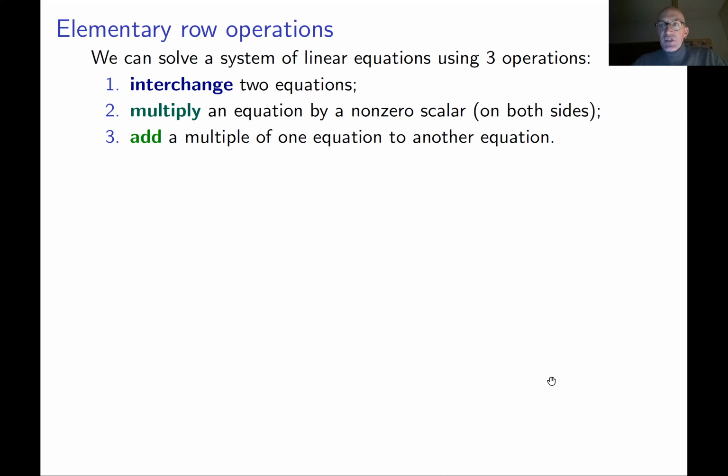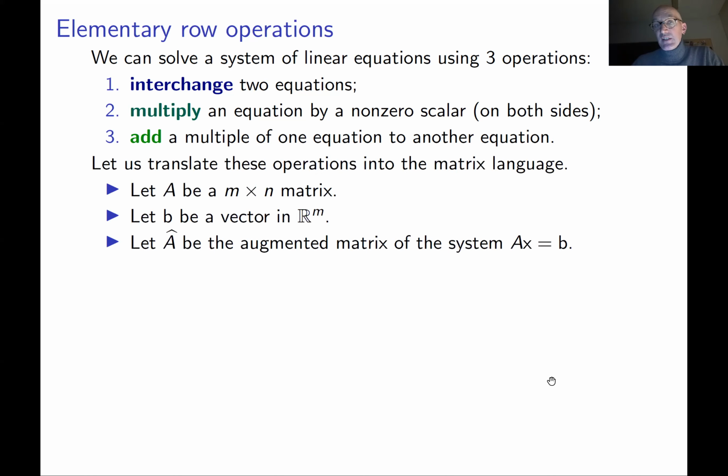But since we decided to use a matrix language to work with systems of linear equations, we have to translate these operations into operations with matrices, with the augmented matrix. What we're doing here is some operations with rows of the augmented matrix.